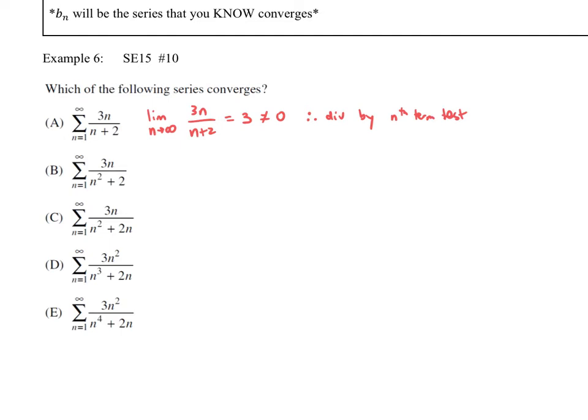Now here are some characteristics that I would at least suggest you think about. With the limit comparison test, we're going to want to look for a series that has a rational component. Now that's not 100% of the case. Okay, I'm going to show you an example in a little bit where it's not rational. But a rational series is going to have a polynomial divided by a polynomial.